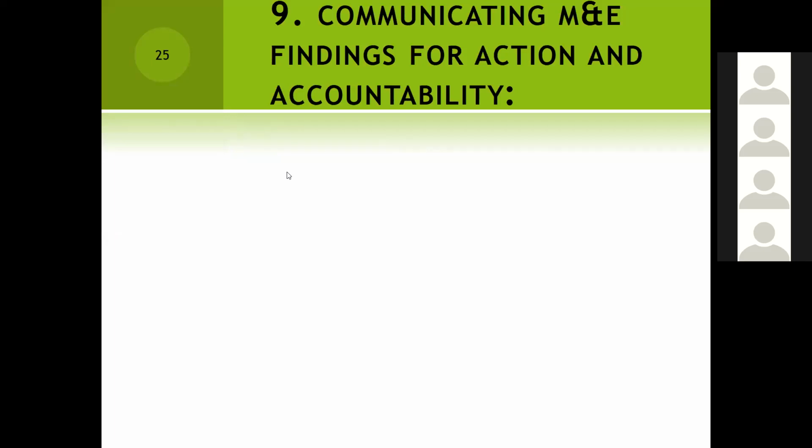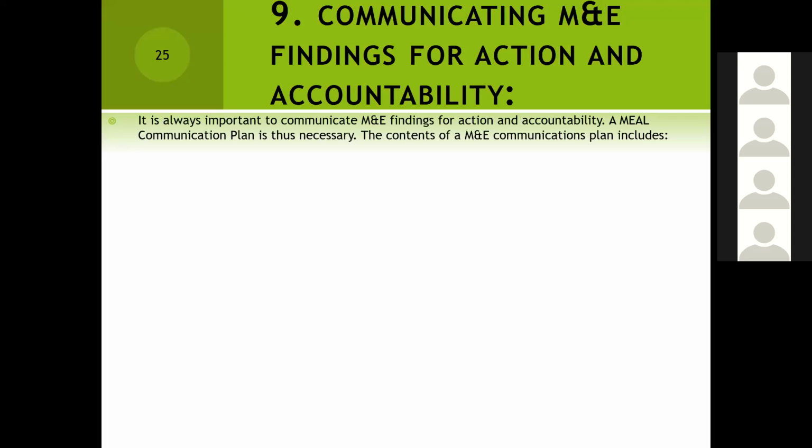So now the last thing that we want to focus on is how to communicate the M&E findings for action and accountability. We are supposed to make sure that we communicate M&E findings to ensure there is action and accountability. And one of the best ways to communicate M&E findings is to always have what we call a MEAL communications plan.